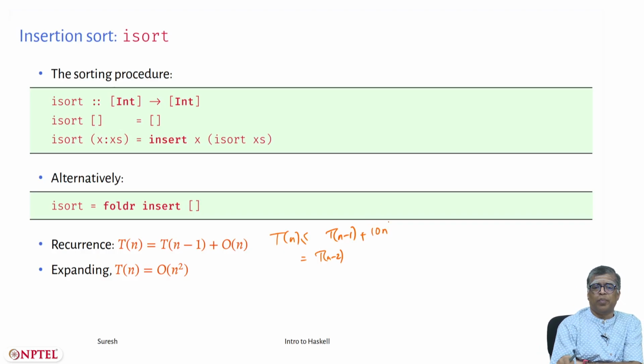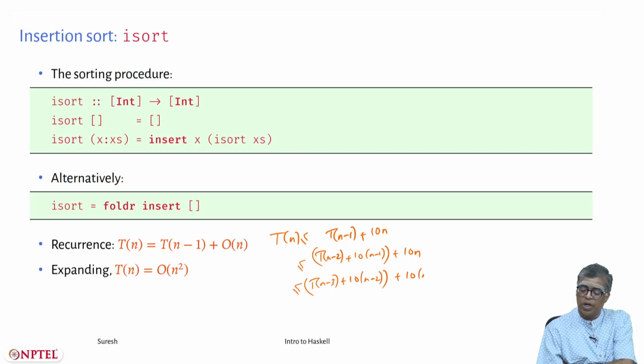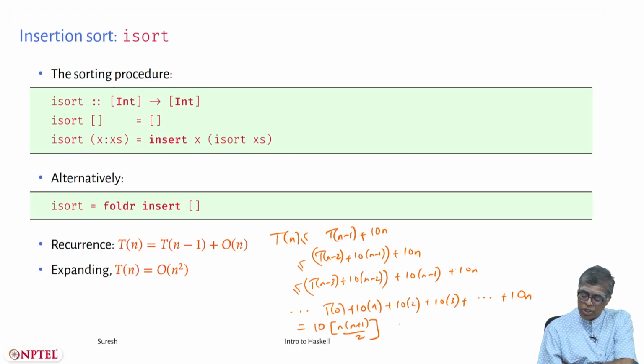T of n is less than or equal to T of n minus 1 plus 10n. But this will be less than or equal to T of n minus 2 plus 10 into n minus 1 plus 10n, which will be less than or equal to T of n minus 3 plus 10 into n minus 2 plus 10 into n minus 1 plus 10n, and so on and so forth till you reach a point where you say T of 0 plus 10 times 1 plus 10 times 2 plus 10 times 3 plus dot dot dot plus 10n, and this is nothing but 10 into n into n plus 1 by 2, which is still order n squared, right, because 10 is your constant.